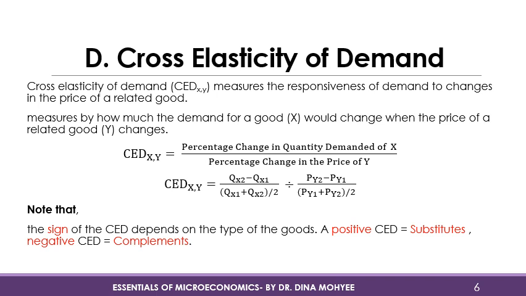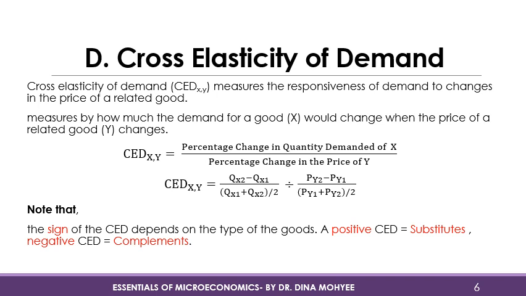We said that the demand for a good increases as the price of its substitute increases and vice versa, which reflects a direct relationship, while the demand for a good decreases as the price of its complement rises, and vice versa, which reflects an inverse relationship between them.